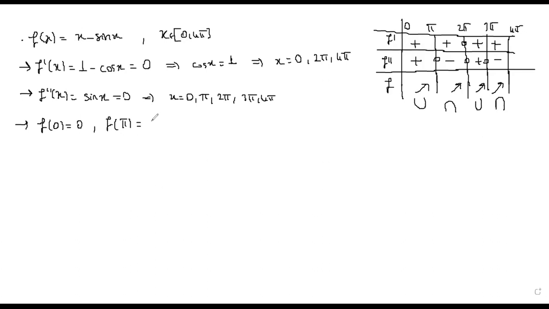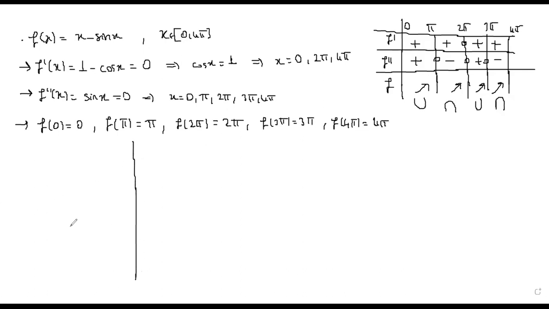We have pi minus sine pi, which gives pi, and f of 2 pi is equal to 2 pi. f of 3 pi is equal to 3 pi. And f of 4 pi, which is included in the domain, is 4 pi.